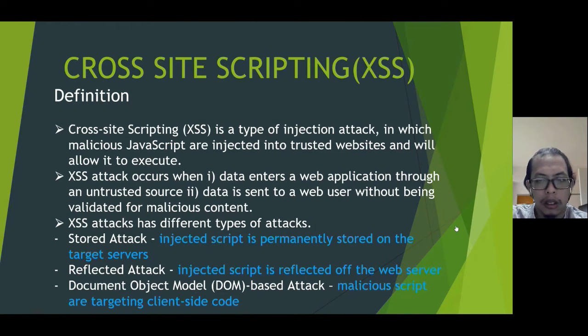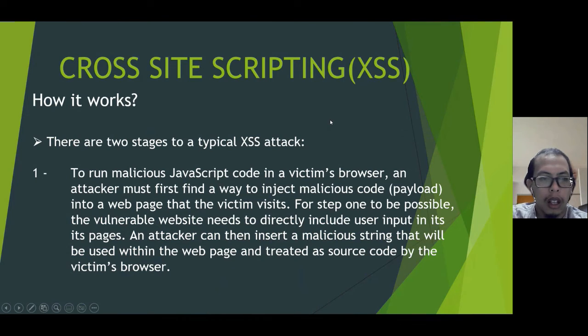Next, we focus on how it works. There are two stages for a cross-site scripting attack. To run malicious JavaScript code in a victim's browser, the attacker must first find a way to inject malicious code with a payload into a web page that the victim visits. Step one, the vulnerable website needs to directly include user input in the page.